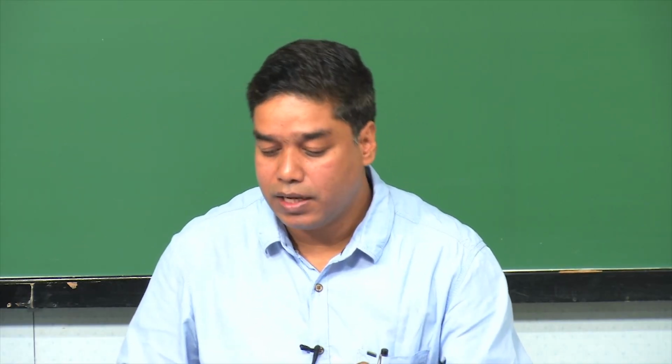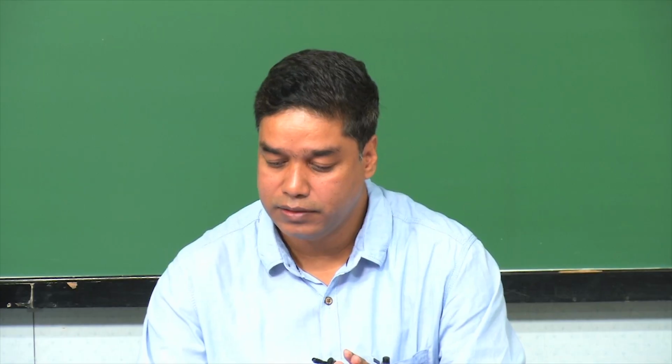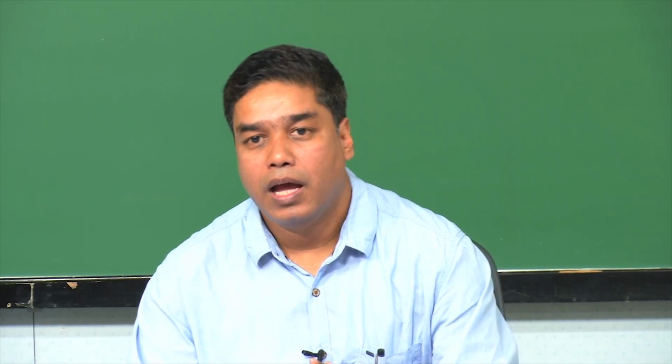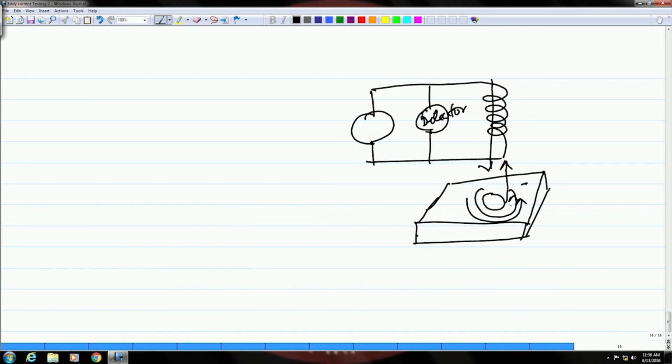So, that change will come due to the presence of a discontinuity. That means, if there is a defect on this surface, and due to that defect, if there is a change in the eddy current, due to that change there will be a change in this coil also, which will be detected by this detector, okay.